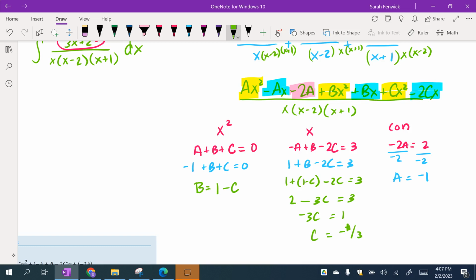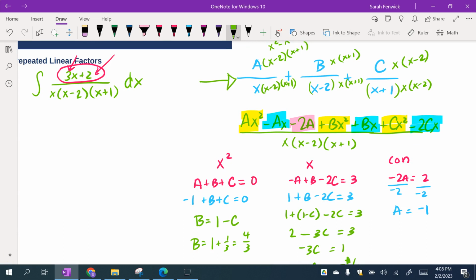If c is negative 1/3, then b is 1 minus negative 1/3, or plus 1/3, which is 4/3. When I write this as my problem, using this as my template, I have the integral of a, which is negative 1, over x dx, plus the integral of b, which is 4/3.